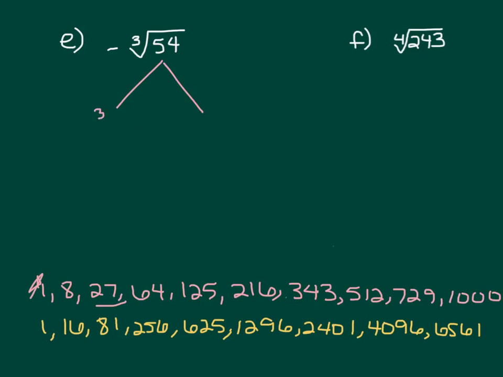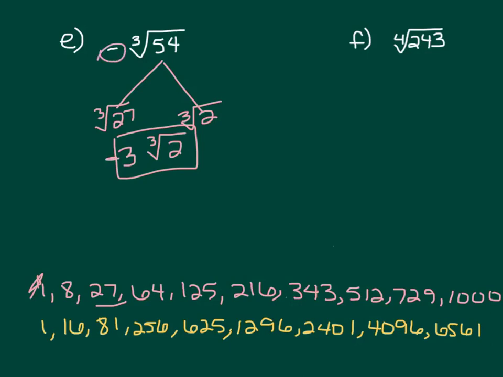So I'm going to break that up into the cube root of 27 times the cube root of 2. The cube root of 27 is 3, and then I can't simplify the cube root of 2, so it's just going to be 3 times the cube root of 2, negative 3, sorry, because I have this negative in front.